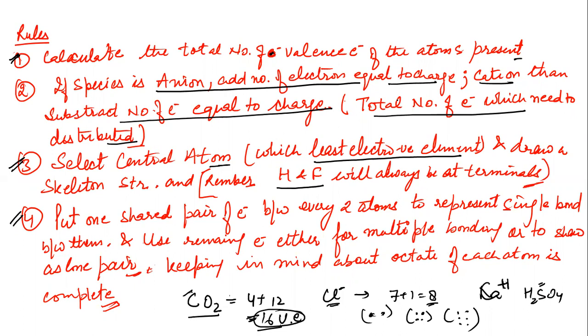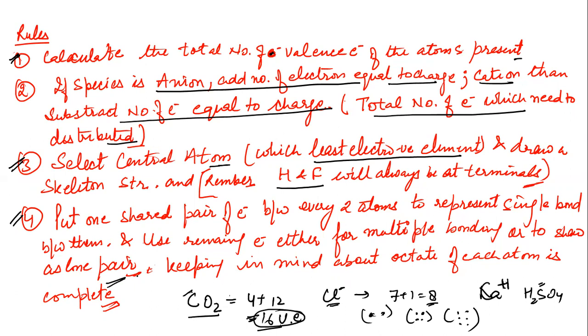So one shared pair is a single bond, two shared pairs are a double bond, and three shared pairs are a triple bond. Put one shared pair of electrons between every two atoms to represent a single bond between them. Then use the remaining electrons either for the multiple bond or to show a lone pair.